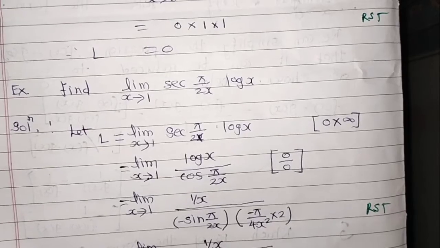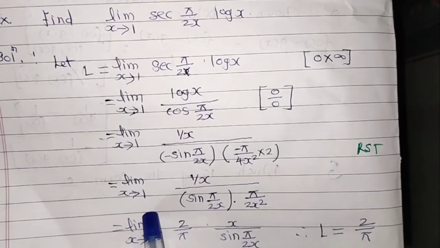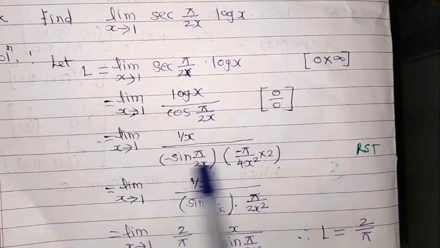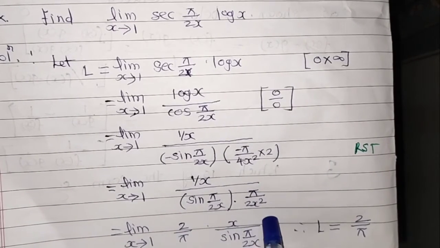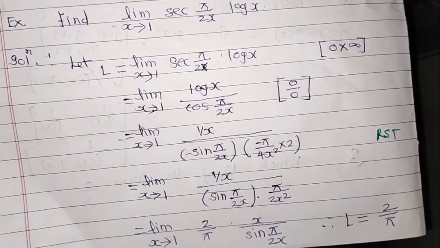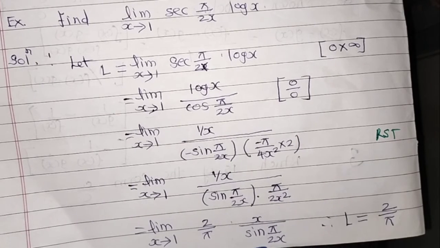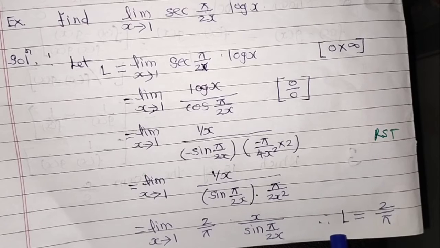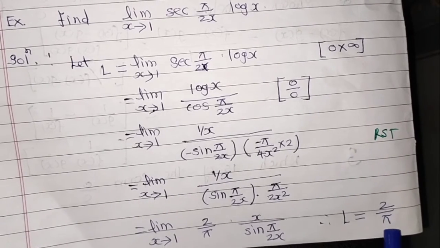And after simplifying this, we get limit x tends to 1 upon x divided by minus minus plus sin of pi upon 2x into pi upon 2x square, and this is equal to limit x tends to 1, 2 upon pi into x upon sin of pi upon 2x, so that here we get L equal to 2 upon pi.